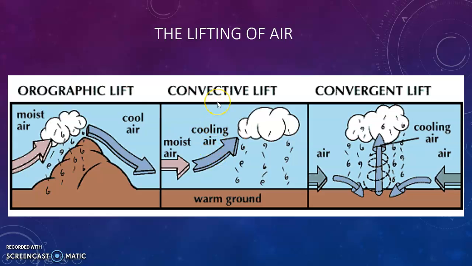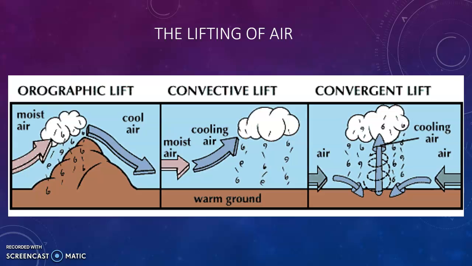In the convective lift, it is the unequal heating of Earth's surface. So you have the warm ground here, and it causes air pockets that are bunched together to rise because of their buoyancy or their density. So we see that the moist air is going to rise and cool.